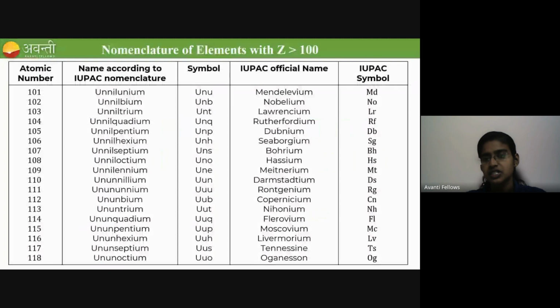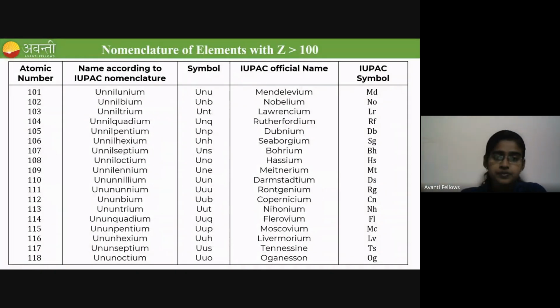You can find the IUPAC nomenclature as well as the IUPAC official names: Mendelevium, Nobelium, Lawrencium, Rutherfordium, Dubnium, Seaborgium, Bohrium, Hassium, Meitnerium, Darmstadtium, Roentgenium, Copernicium, Nihonium, Flerovium, Moscovium, Livermorium, Tennessine, and Oganesson. These are the official names and also the notation that we have used, given to you. So you should know both.